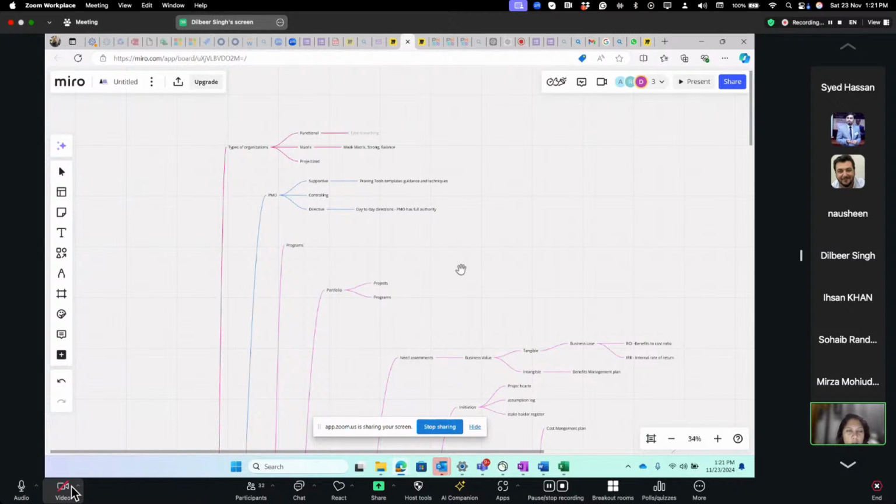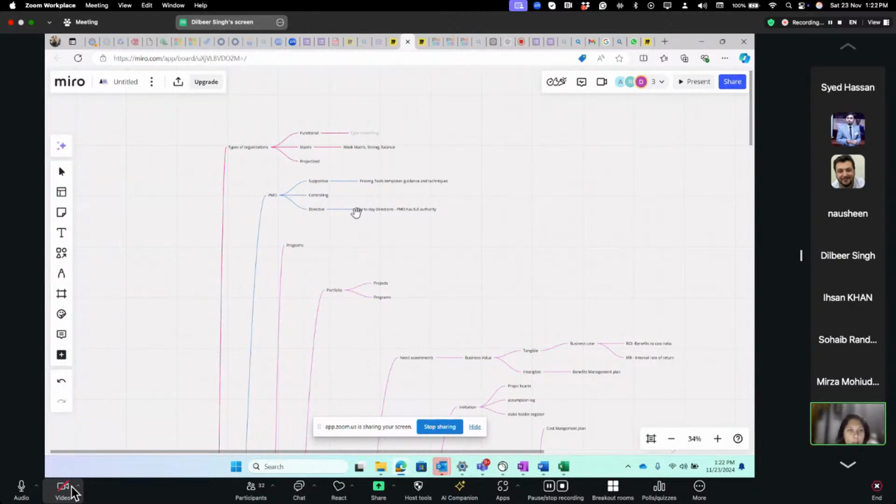Matrix, which is mixed with weak matrix, strong, and balanced. We also have under organization different types of PMOs: supportive, controlling, and directive. Supportive PMO provides tools, materials, guidance, and techniques to the project manager and the team. Directive is to provide directions on a day-to-day basis.